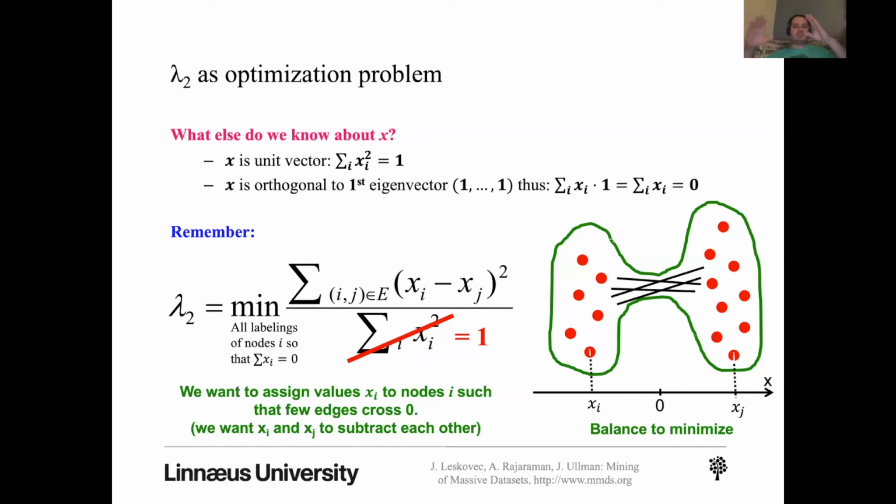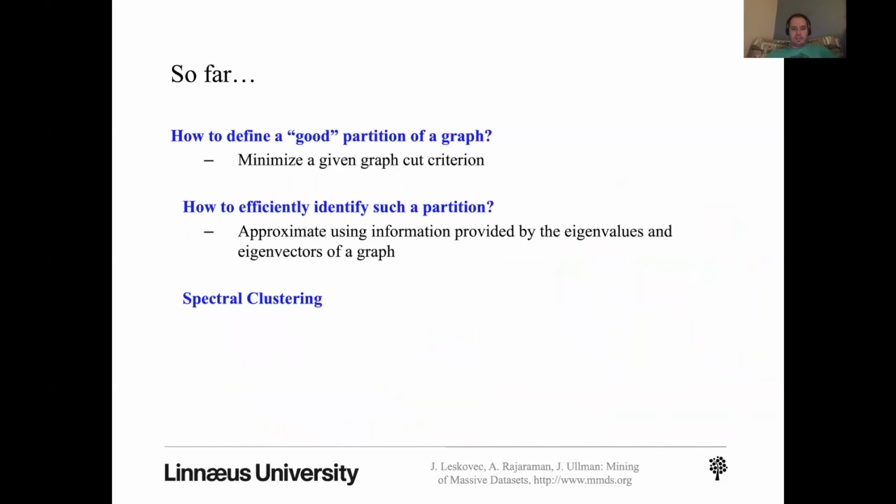This vector has a bunch of negative elements, a bunch of positive elements. And the most usual trick here is just to cut at 0. It's not the only one, but it's the most usual one. You cut at 0, and then whatever stays to the left on the negative side is part of one partition. Whatever is on the positive side is part of the other partition. And that's it. You get yourself a graph partition, which is really, really interesting, right?